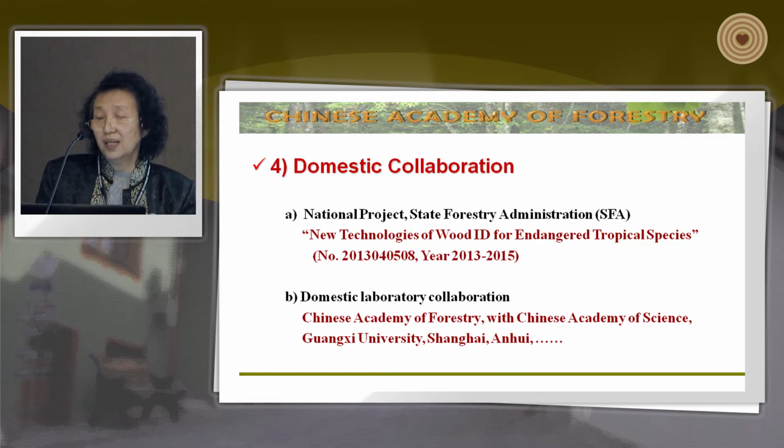Point 4 is domestic collaboration. The first one is that we got a national project supported by the State Forest Administration. The title is New Technology of Wood ID for Endangered Tropical Species.